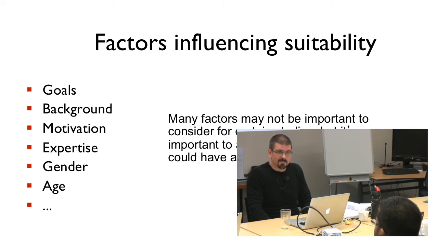Are they motivated to participate or not? If you only have people who are not motivated to participate, the results probably won't be as high quality. You might get people who, if you have a reaction time experiment, whatever, just click somewhere because they can't be bothered. So that's something to consider as well.